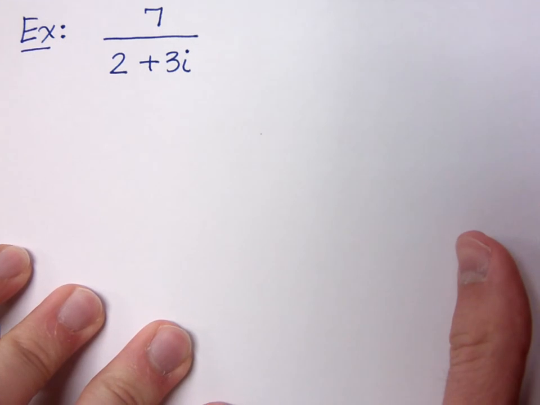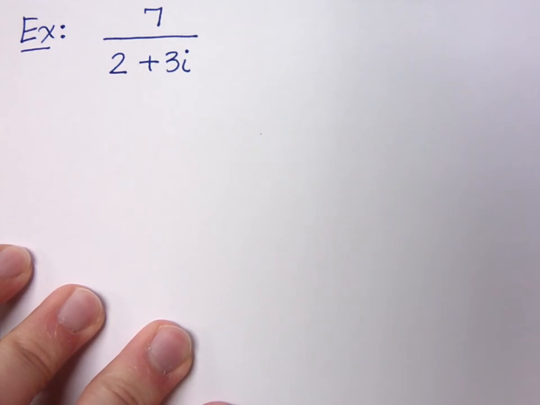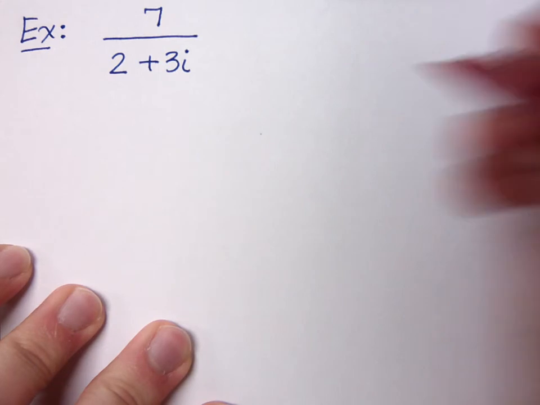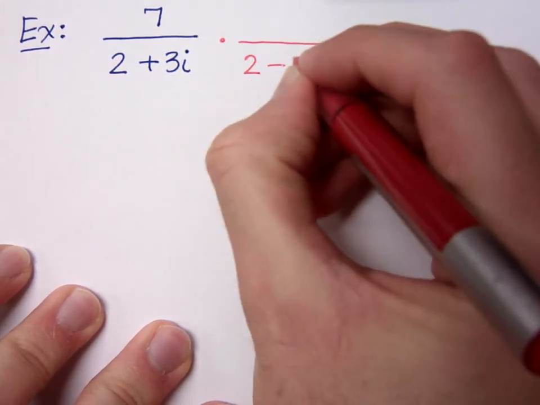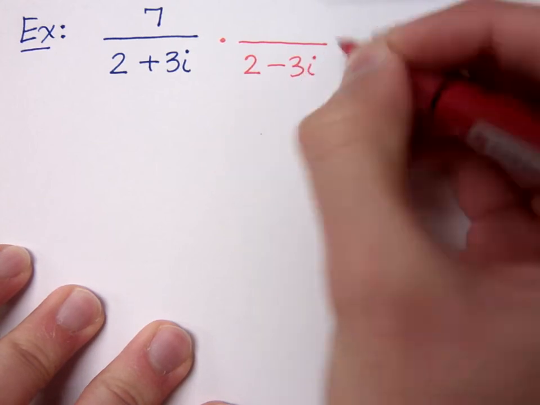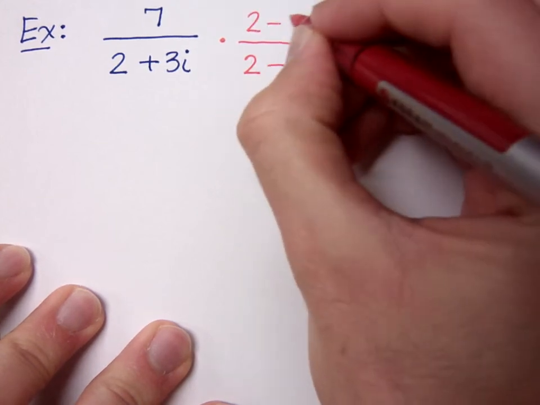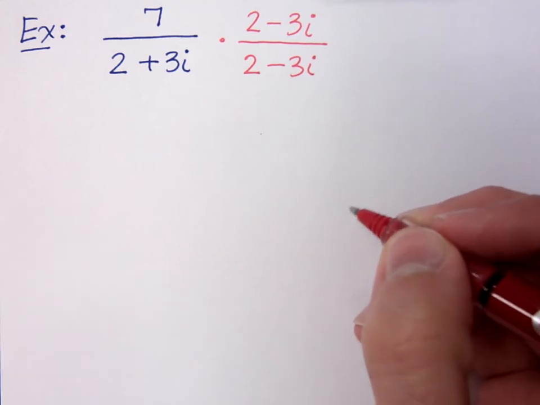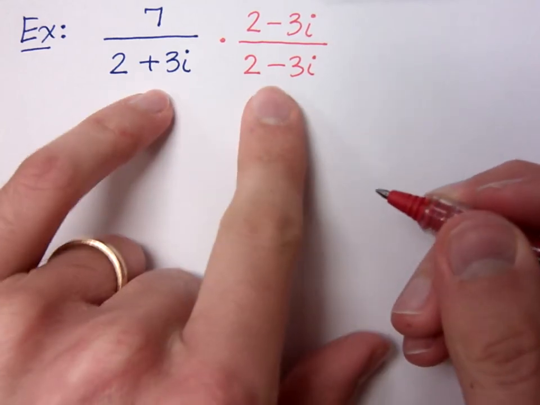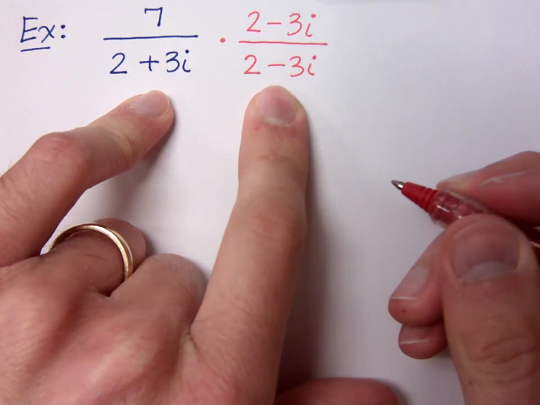So the conjugate of 2 plus 3i, or I guess I should say the complex conjugate, is 2 minus 3i. So we're going to multiply both the numerator and the denominator times 2 minus 3i. Now here's the reason for multiplying times the complex conjugate.